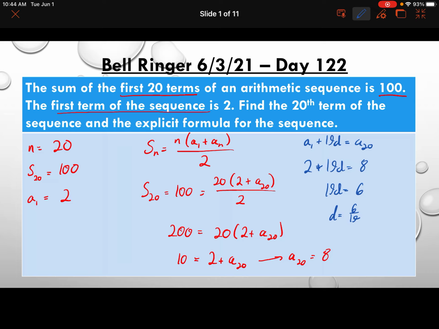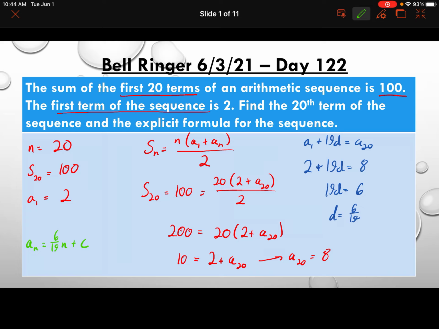All right. Let me make sure I didn't make a mistake here. Find the 20th term and the explicit formula. So that's our difference, 6/19. Okay. So that means our formula at this point, I'll write it over on this side. Our formula at this point is a sub n is equal to 6/19 n plus c.